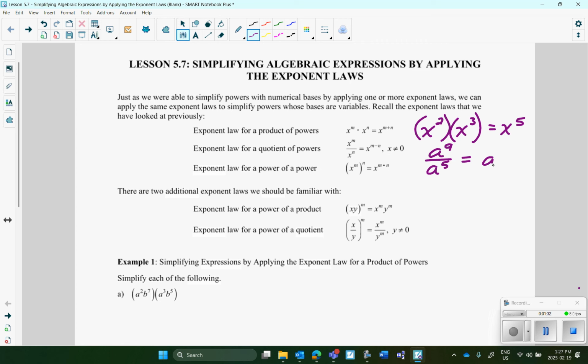A to the 4th. Base stays the same, subtract the exponents. If we did z to the 3rd and raise that to the 4th, z to the 12th, multiply. So it's the same thing. We've learned these, okay? But we're going to make them a little bit more complicated than this.